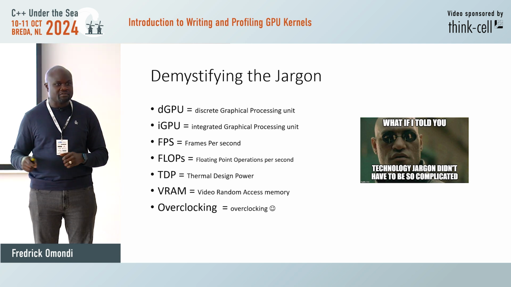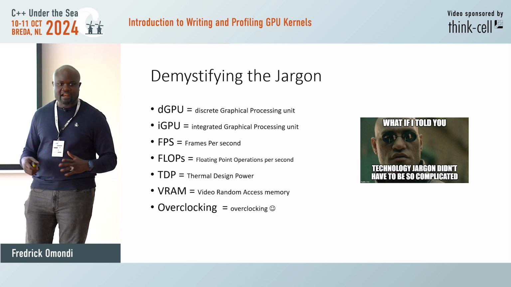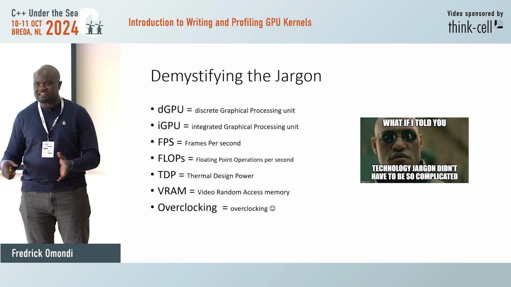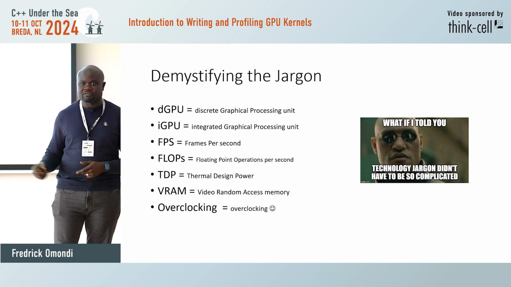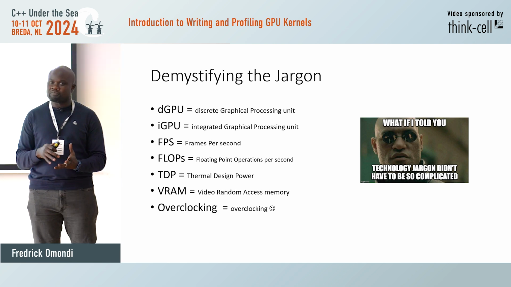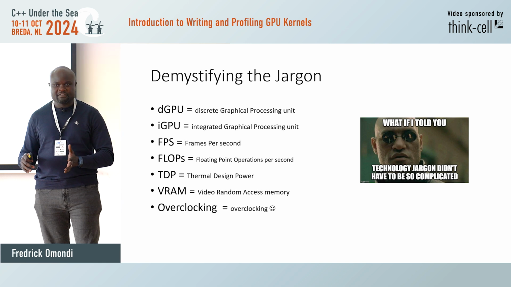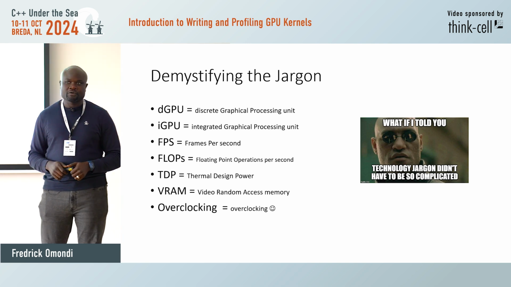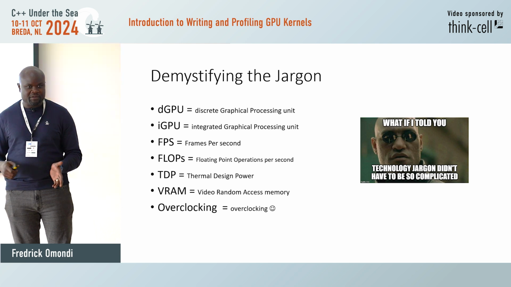The D stands for discrete. A discrete GPU is a standalone GPU that has its own cooling mechanism, its own video RAM, and so on. And we also have the integrated GPU. An integrated GPU is fused together with a CPU, does not have its own cooling system, and does not have its dedicated memory. So typically, DGPUs are more performant than iGPUs.